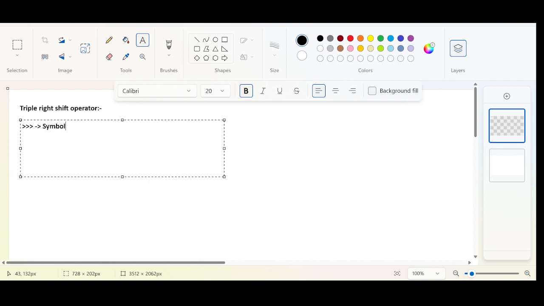Unlike the right shift operator, in the triple right shift operator we are not going to consider the MSB, the most significant bit. We know what MSB is.